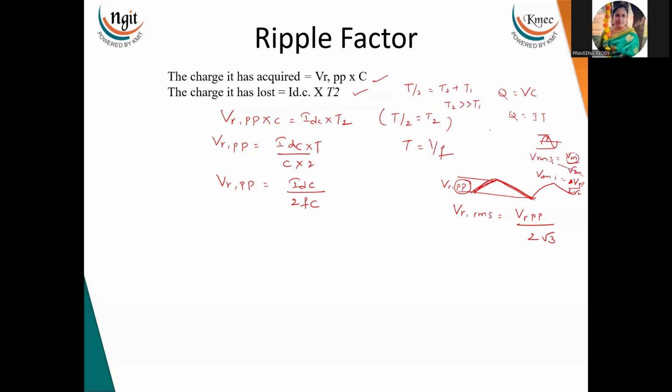So this is the RMS for the sine wave that we have already derived in the full wave rectifiers. Similarly, this is the expression for the RMS value of the triangle.